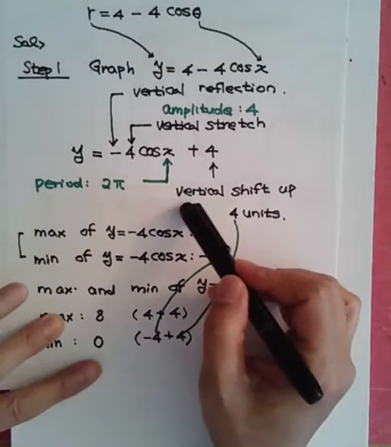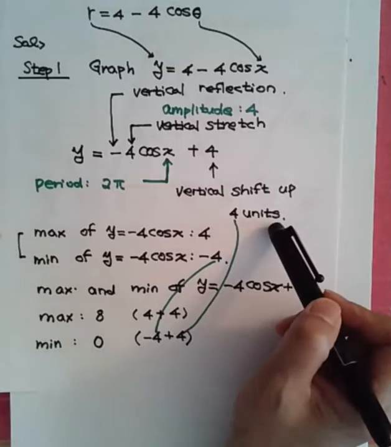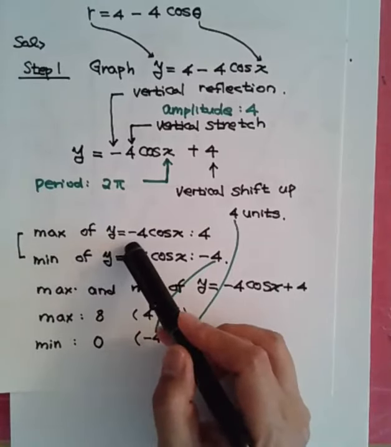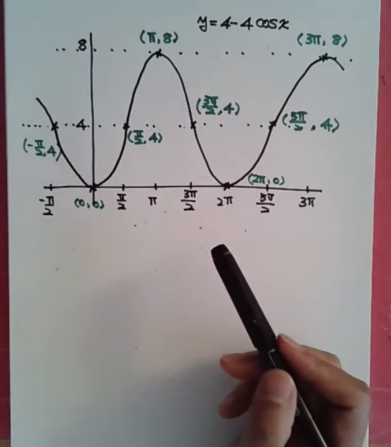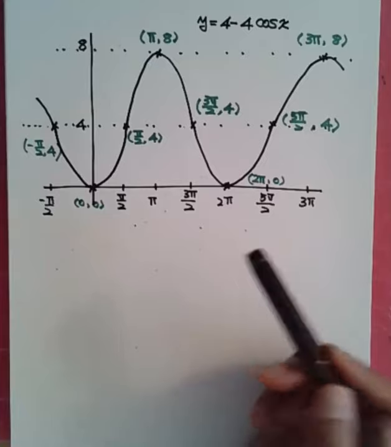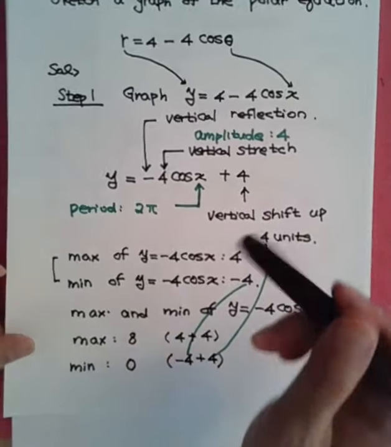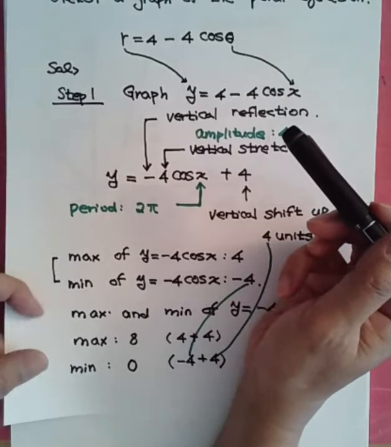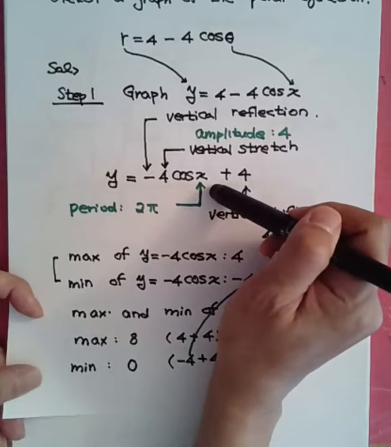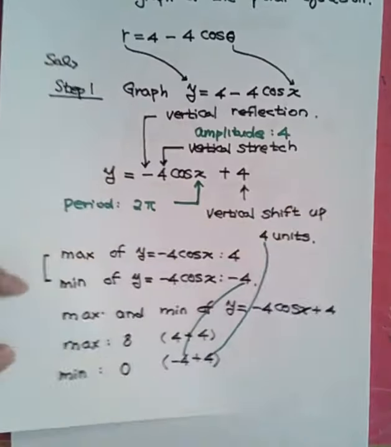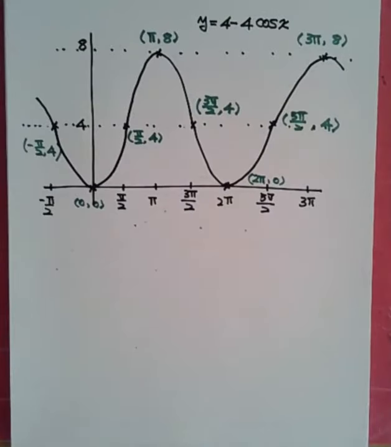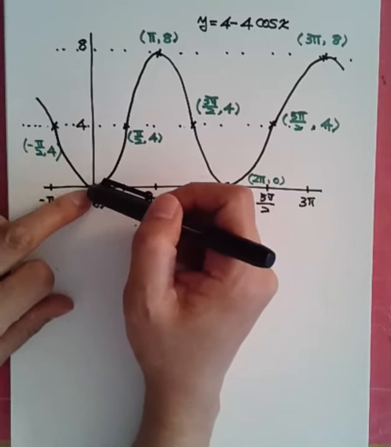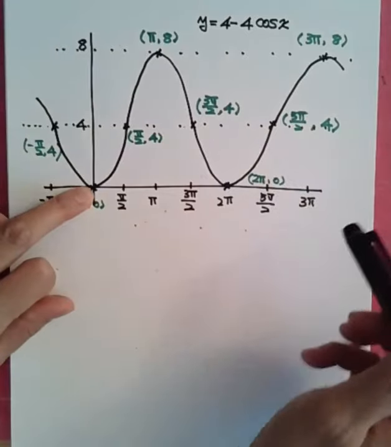There was vertical shift up 4 units, so x-axis in the graph of y equals minus 4 cosine of x will shift up to y equals 4 here. There was a vertical reflection, and this is a cosine function. So instead of starting the graph at the maximum value, we have to start the graph at the minimum value. And then we will draw the wave function.